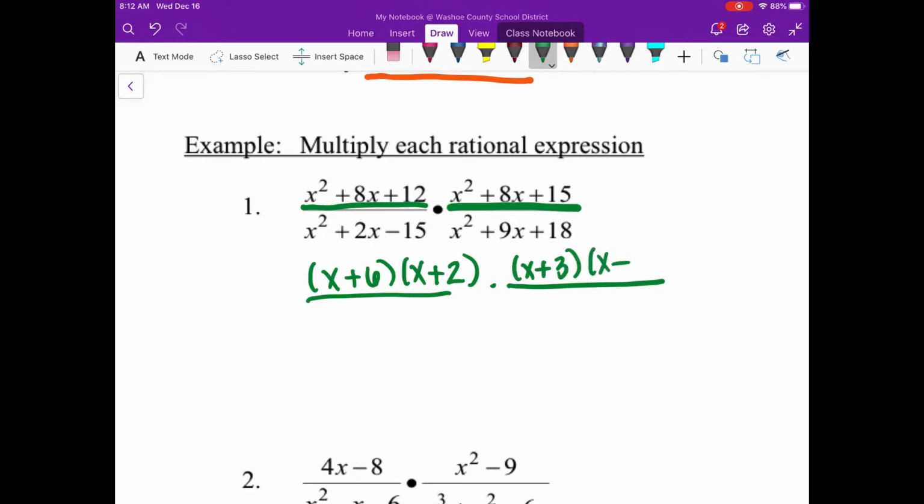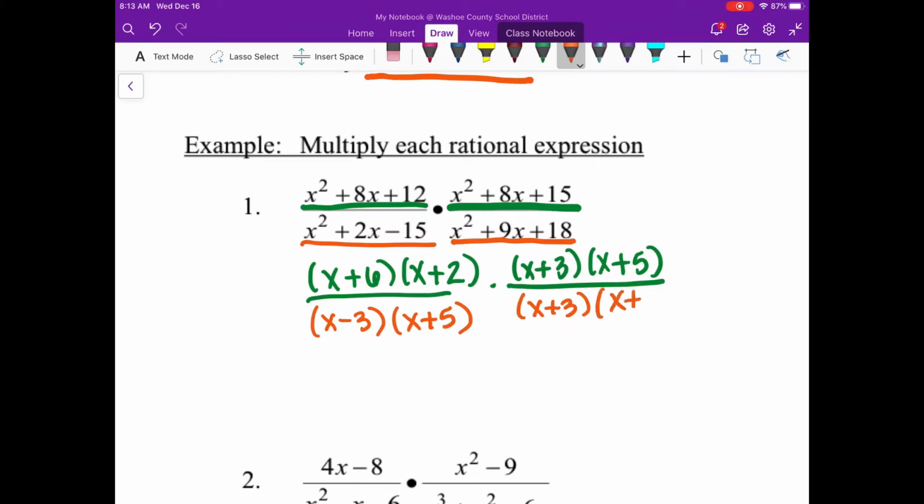That's going to be x plus 3, x plus 5. The denominator, I'm going to factor that, so numbers that multiply to negative 15 but add up to a positive 2, that's x minus 3, x plus 5. And then second denominator here multiplies to 18 but adds up to a 9, that would be 3 and 6.